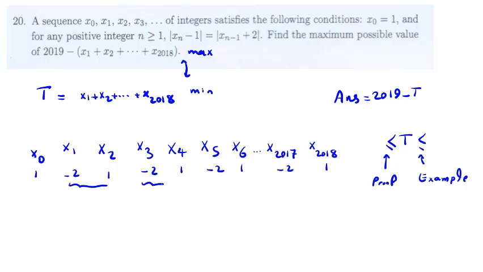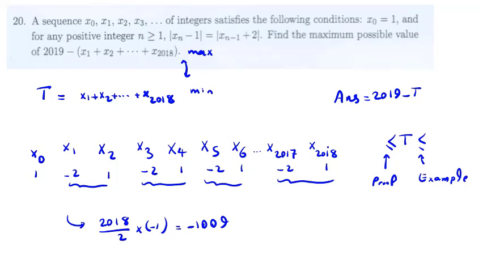And if we consider these pairs, each of them will be negative 1. So in this example, we have 2018 over 2 times negative 1. So minus 2 plus 1 is negative 1. It will be negative 1009. So we found an example with negative 1009. Now I want to prove t is always greater than or equal to negative 1009.